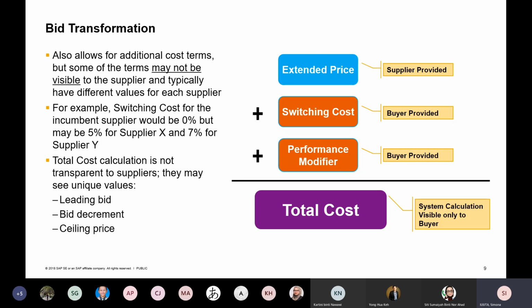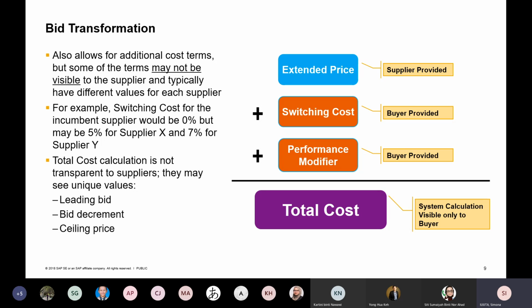So the leading bid will be different, the bid decrement may be different, and the ceiling price may be different. So we conclude that the total cost calculation may not be transparent to suppliers.